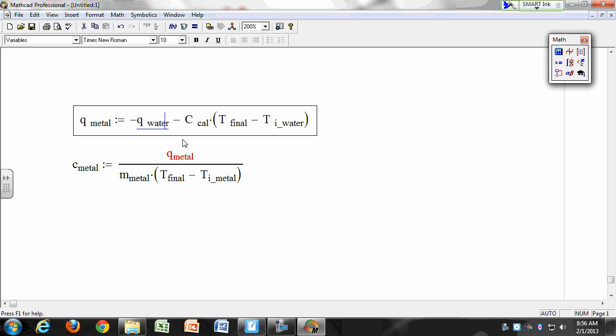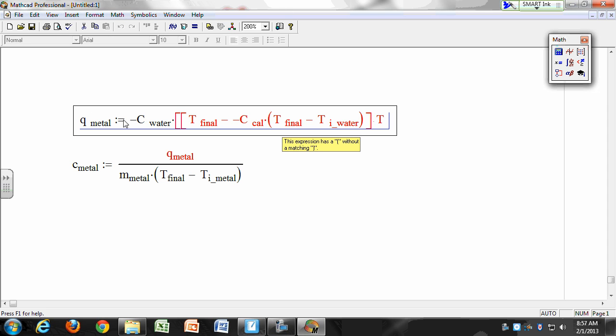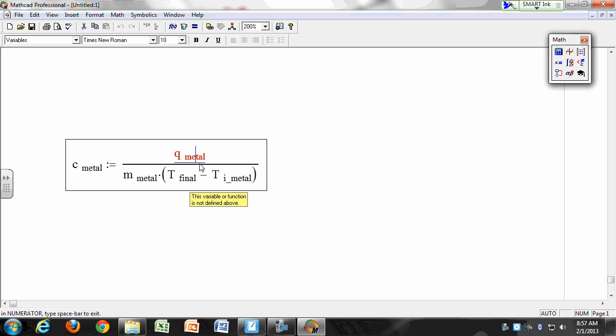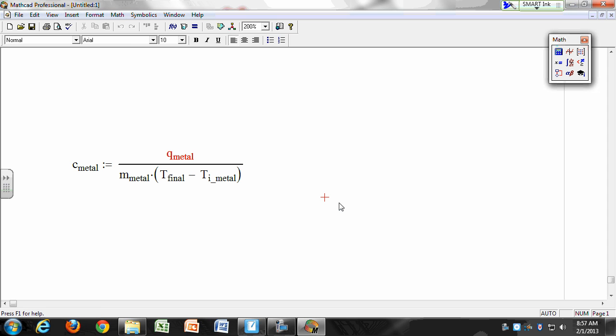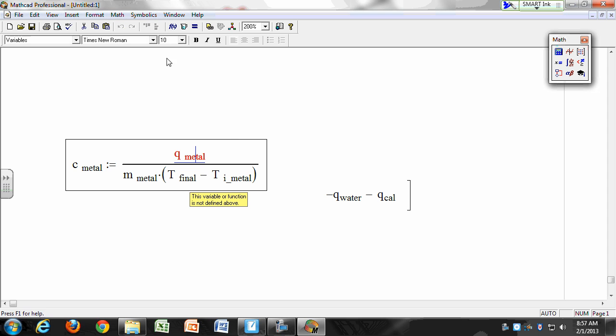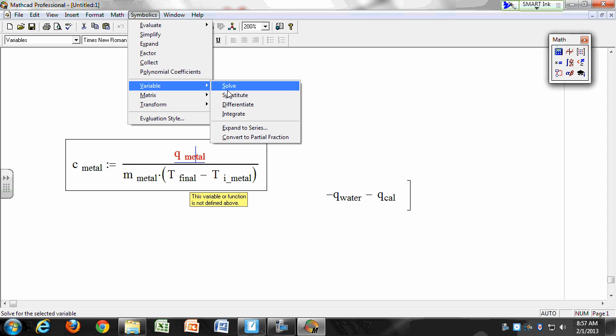And Q water, I can just change this. C water times T final minus T. Okay, let me do it this way. I know Q metal is what? Negative Q water minus Q cal, right? So I'm going to substitute that for Q metal. Symbolic variable substitute.